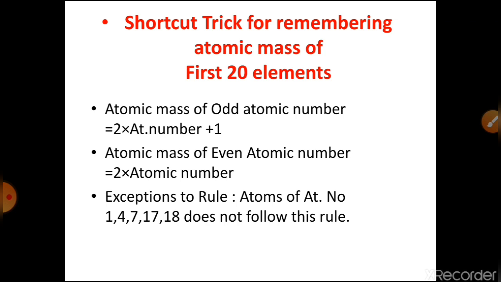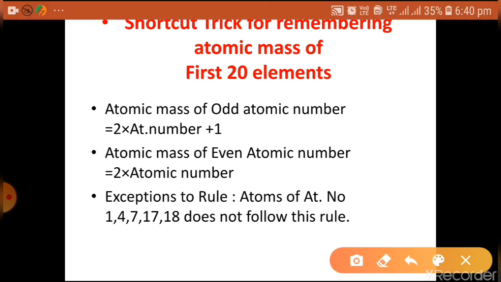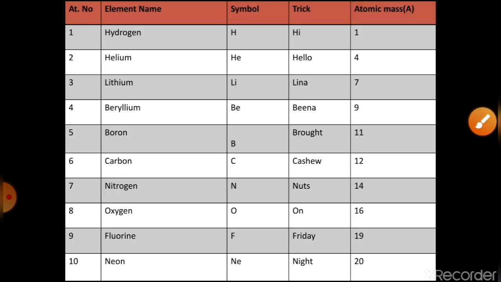The atomic mass of an odd atomic number is equal to 2 into atomic number plus 1, and the atomic mass of an even atomic number is 2 into atomic number. Exceptions to this rule are 1, 4, 7, 17 and 18. Means atomic number 1, that is hydrogen, 4, that is beryllium, 7, that is nitrogen.